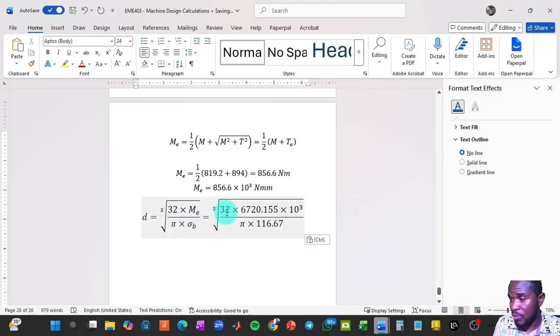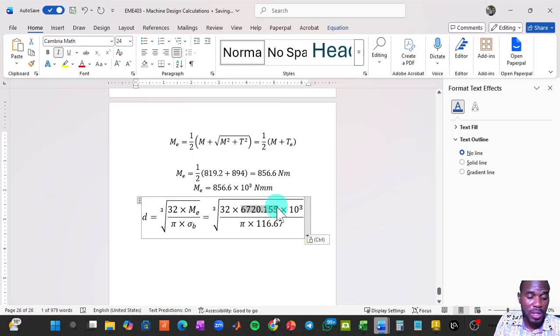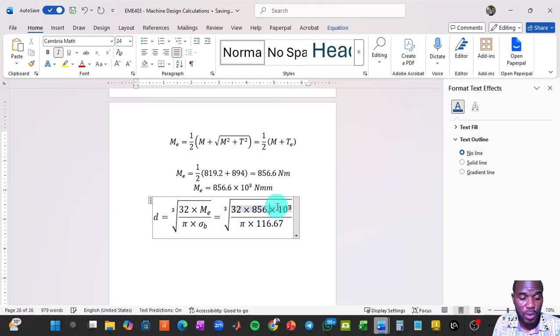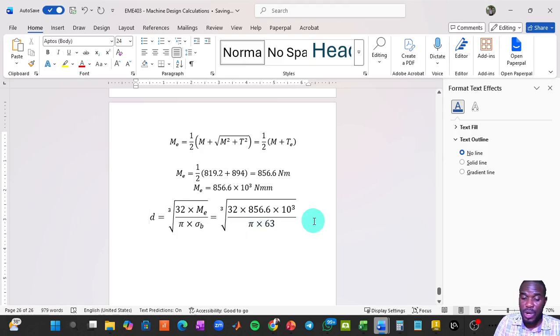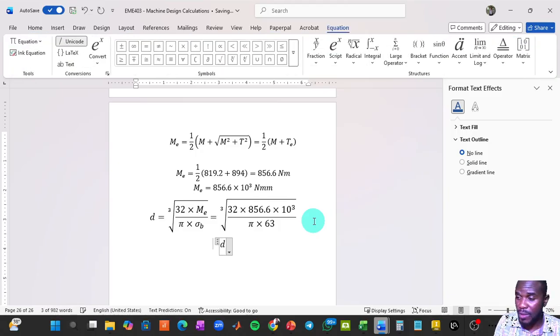If we make this the subject of the formula, so that's 32 times, in this case, our ME is 856.6, and our sigma B is, I believe it was, 63 megapascals. When you do that math, you will arrive at D is 51.7 millimeters.